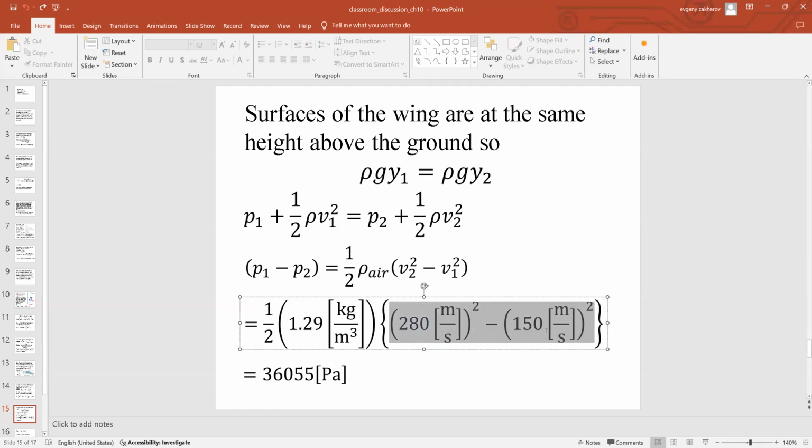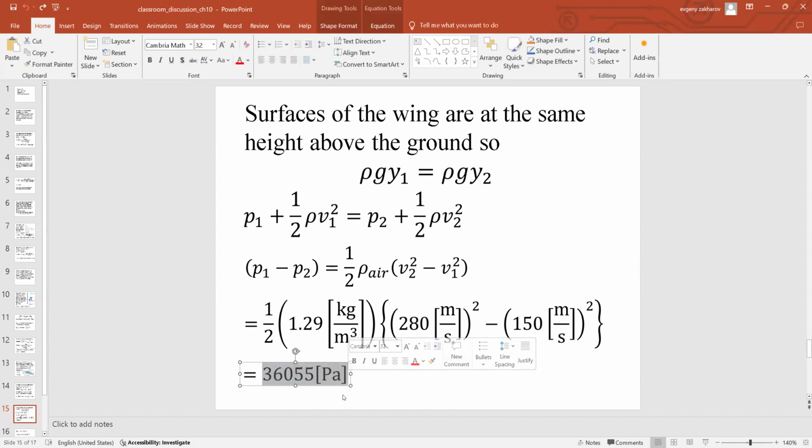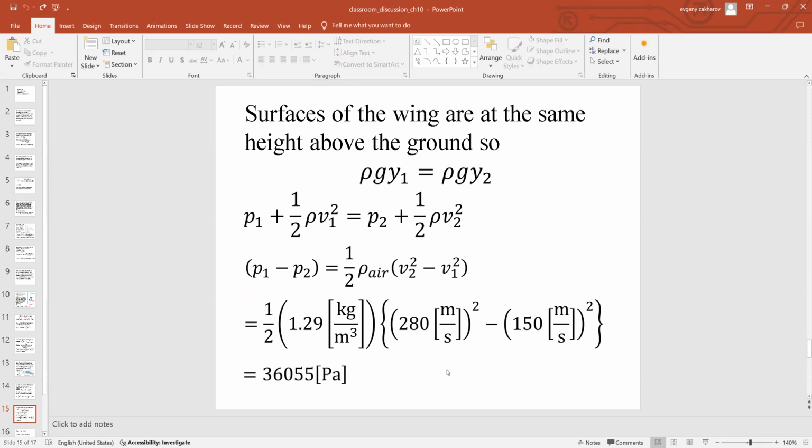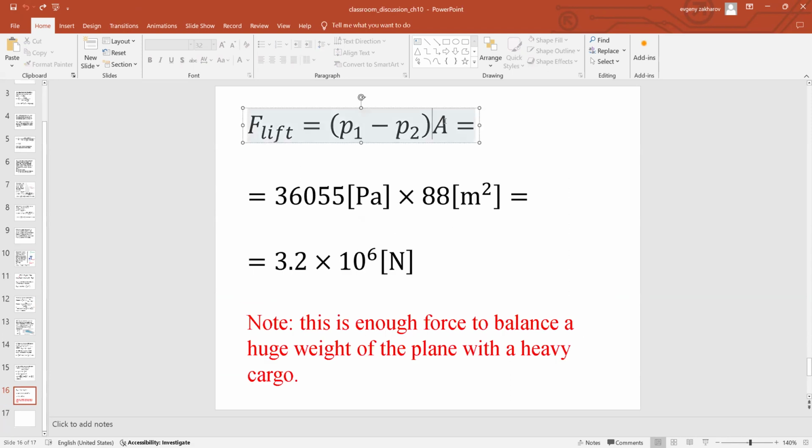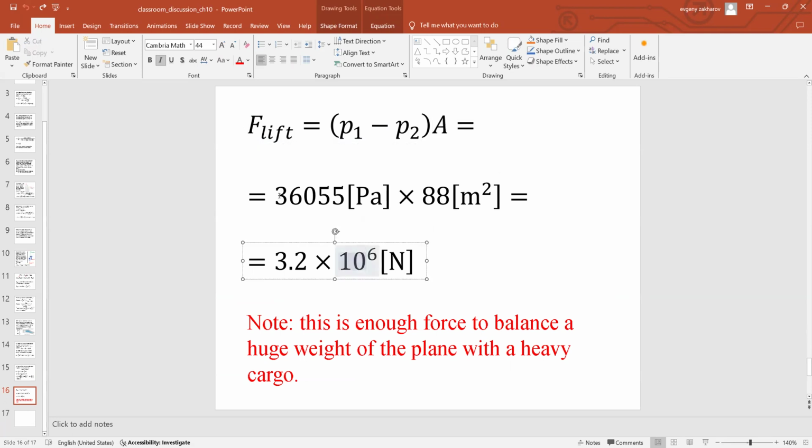So the change in velocities produces a change in pressure, and the change in pressure turns out to be about 36 kilopascals, which is not that big of a deal compared to atmospheric pressure. But let's not forget that you multiply it by the area of the wing. If the area of the wing is about 88, then the product of the two numbers produces an uplift of 3 million newtons.